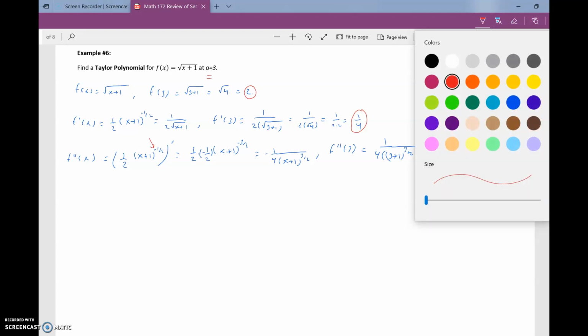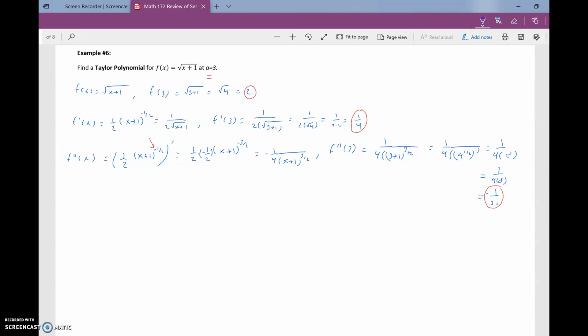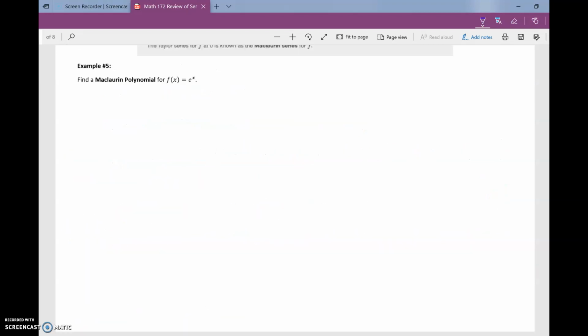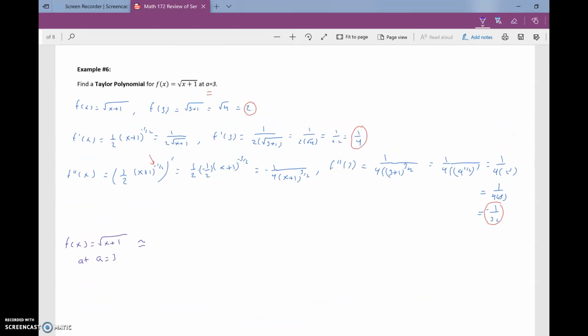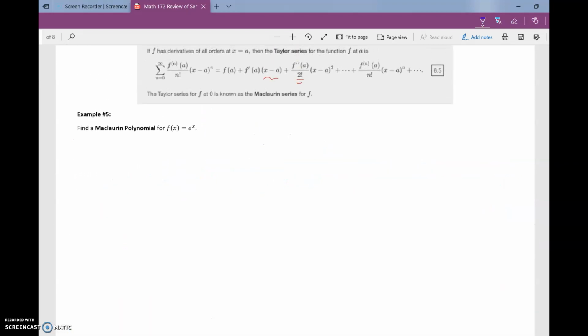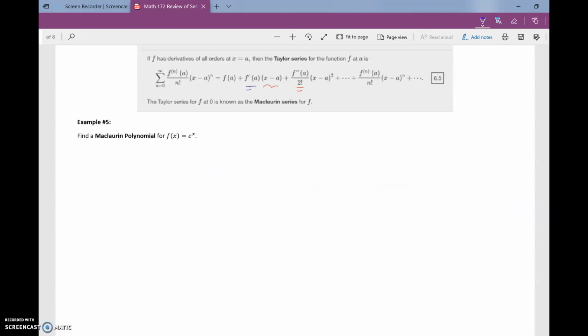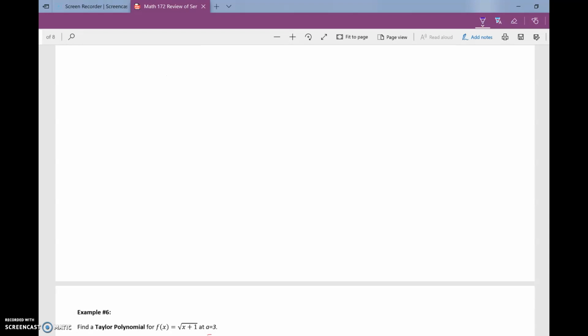So in this case, our final answer is that f of x, which is equal to the square root of x plus 1 at a is equal to 3, can be approximated by, and remember that the function starts at f of a. So technically your first term is going to be a 2 plus, and then we start with the pattern, first derivative evaluated at a times x minus a.